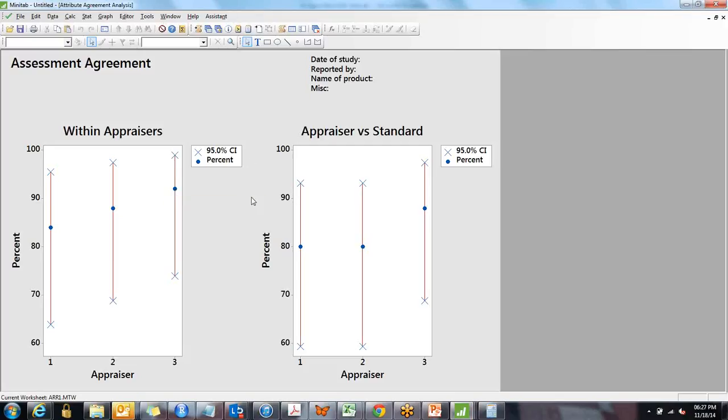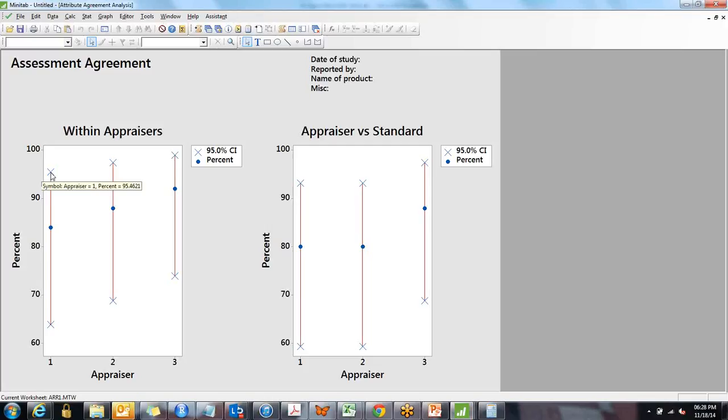So this is what it is, and this red line with the crosses on either side represents the 95% confidence interval of the percentage matched. With 95% confidence, I can say that for appraiser 1 or student 1, the percentage matched value can lie anywhere between 63.91% to 95.46%.